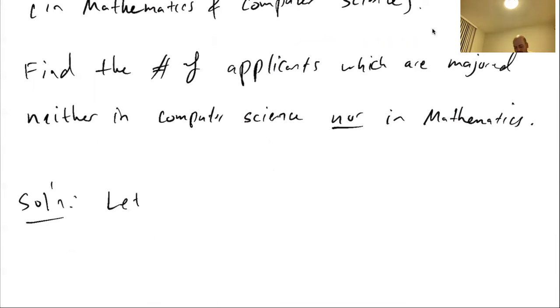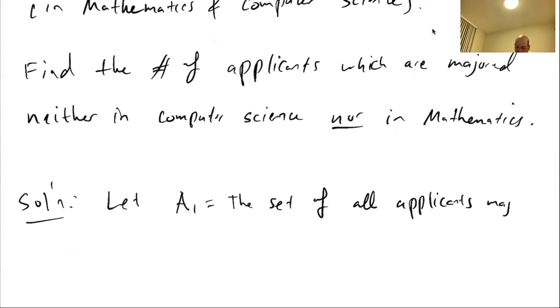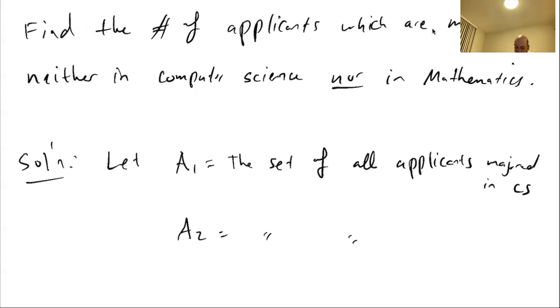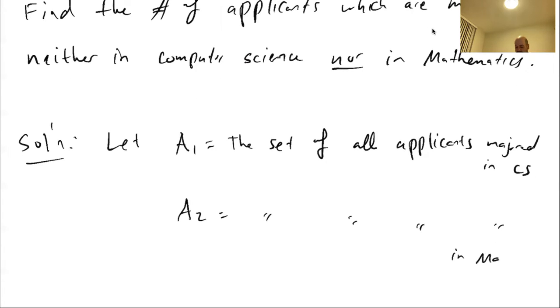Let A1 be the set of all applicants majored in computer science, and A2 is the set of all applicants majored in mathematics.